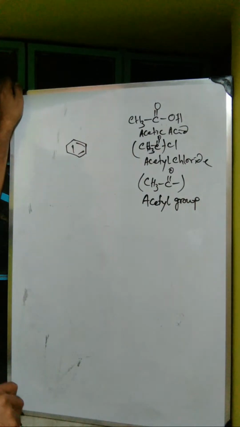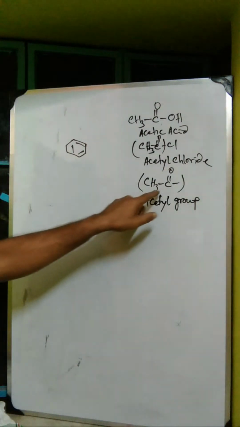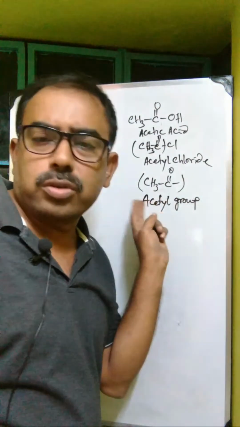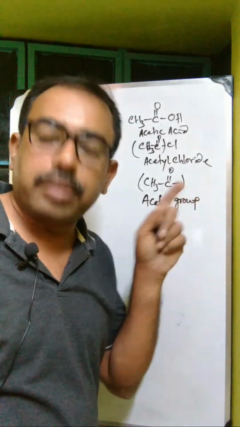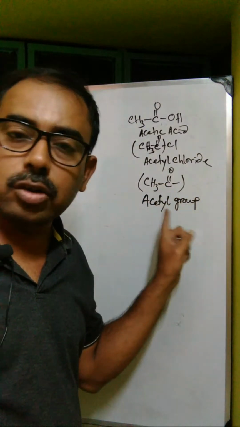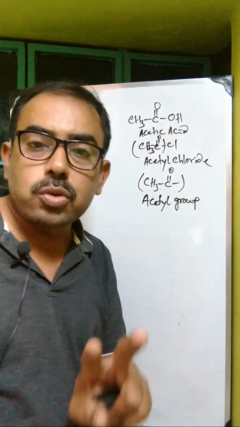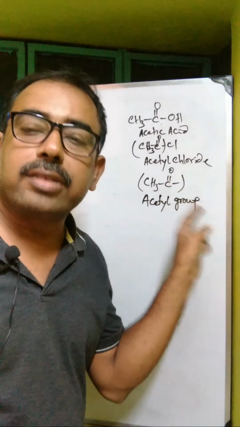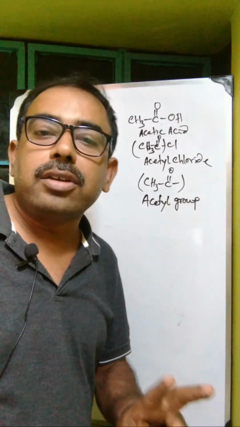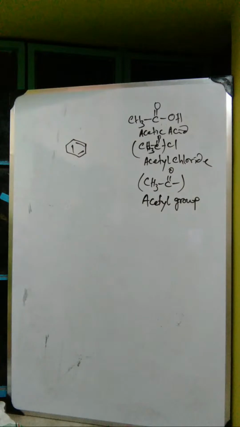Okay. Now if you need to enter this acetyl group into the benzene ring, this is also a Friedel-Crafts reaction, called the Friedel-Crafts acylation reaction. If you need to enter this acyl or acetyl group into the benzene ring, you need to take its halide, that means chloride, CH3COCl, acetyl chloride, along with anhydrous AlCl3. The reaction mechanism will be the same.